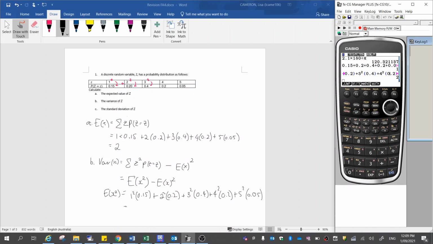This is where knowing how to edit would be good. 5 squared bracket execute. Okay, so when I chuck this first part in, I get 9.